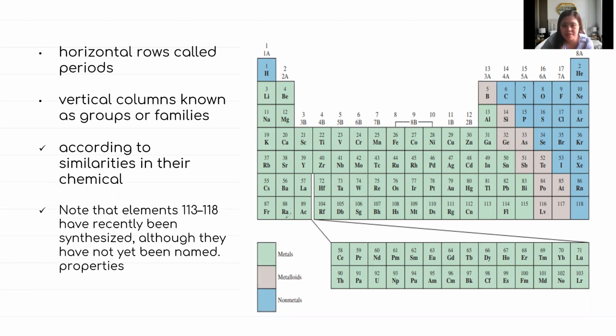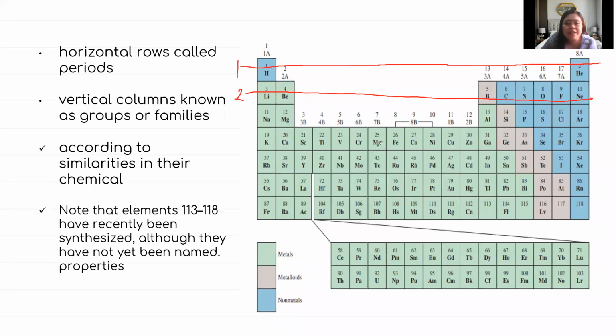Beryllium, magnesium, and the rest, that's group 2A. It is still a group or family, a vertical arrangement. But when horizontal, like going across, that's period 1, and then we have here period 2. That's the horizontal arrangement of the elements in the periodic table. We call this a period. Okay? So again, they are grouped according to similarities in their chemical properties.